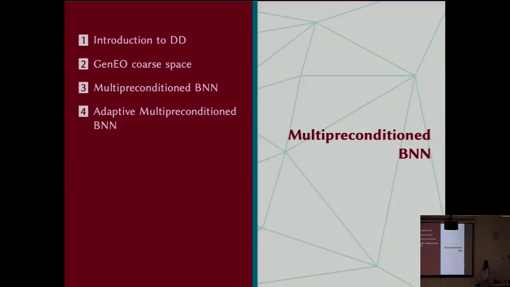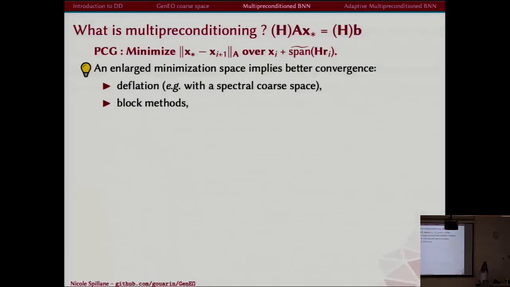So we have tried to produce the same information in a different way, and this is what we do with the multi-preconditioned algorithms. Before I tell you what multi-preconditioning is, I need to remind you of some properties of the usual PCG algorithm.